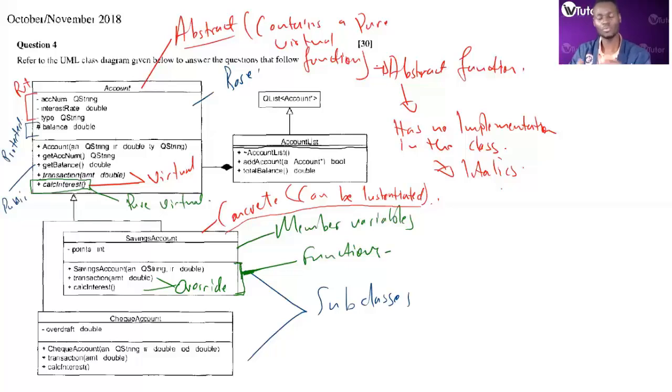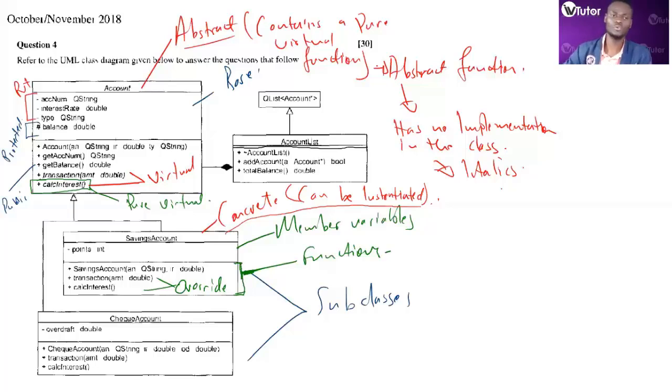A function with no implementation in the base class must be included in the subclass and then provided with the implementation. Same statement: a pure virtual function must be overridden by the subclass and implemented.